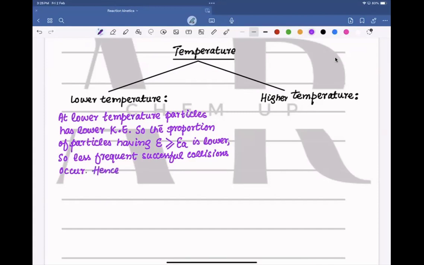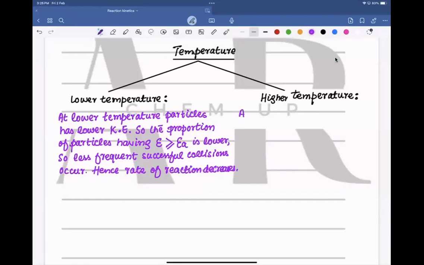Hence, the rate of reaction decreases. Is this clear to all of you? Yes, sir.